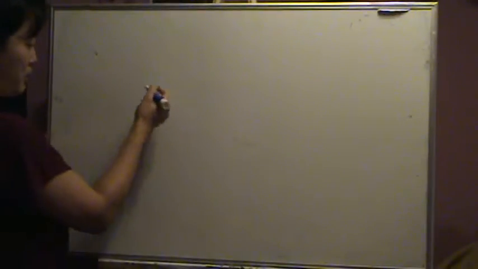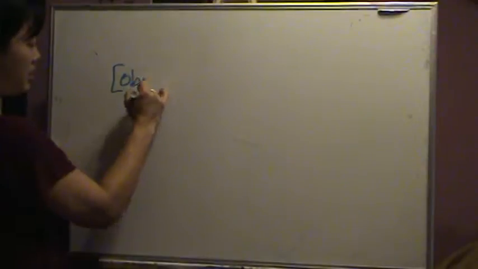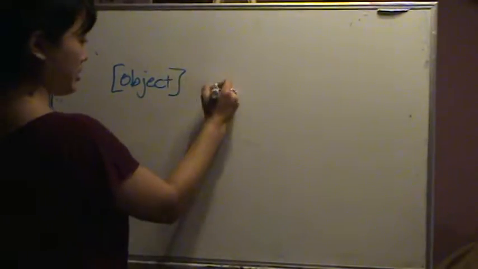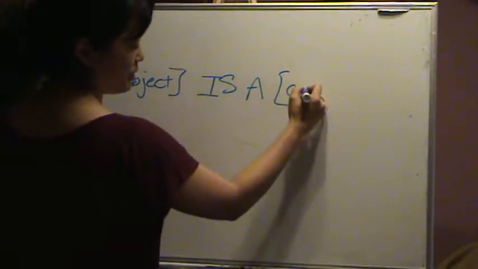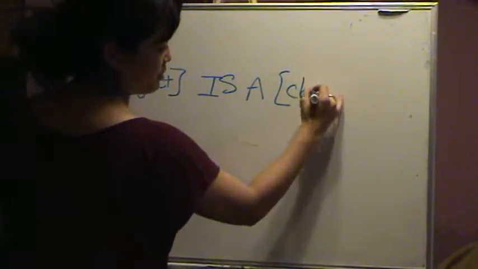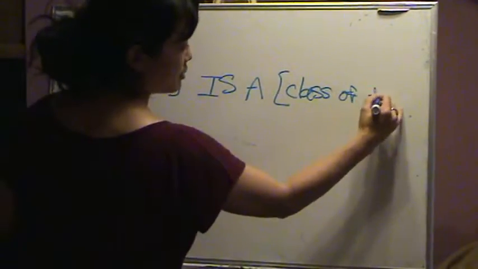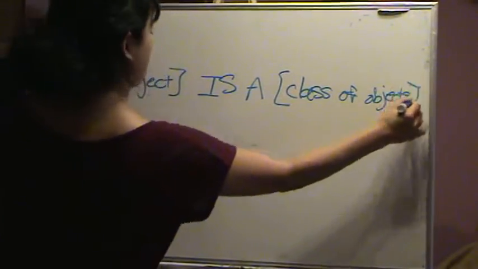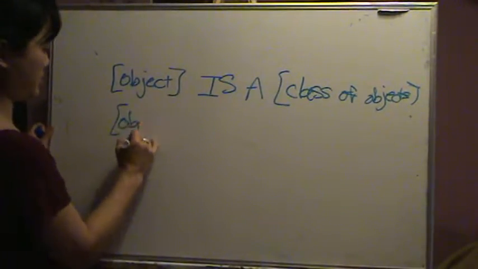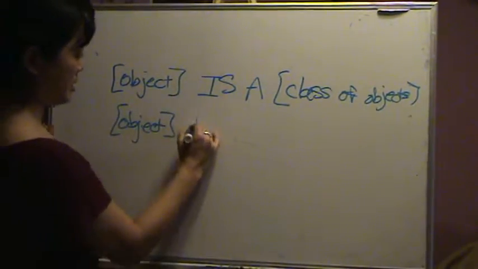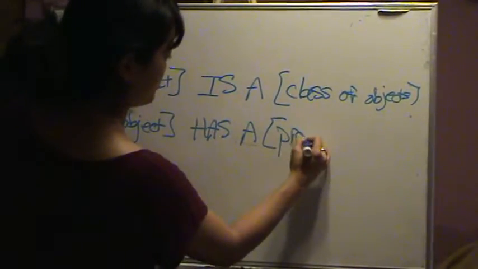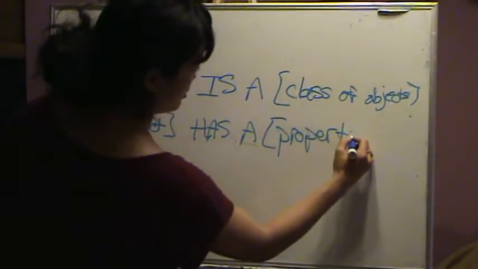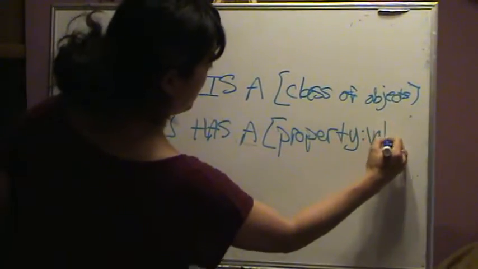But the data does need to be represented in that form of object is another object, but where this object is a class of objects. And then object has a property value pair.